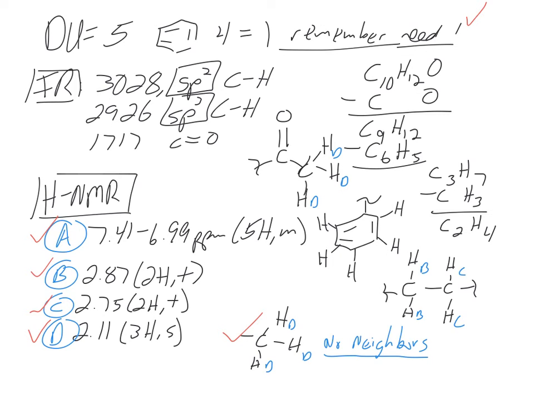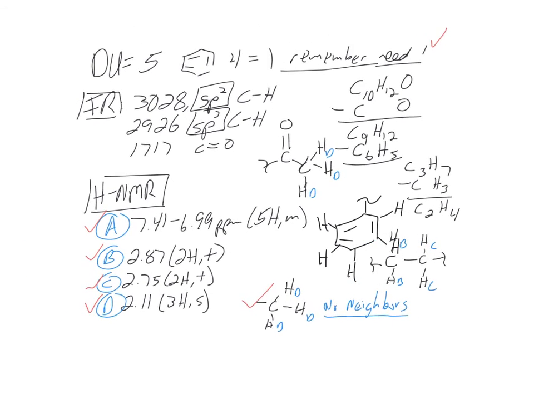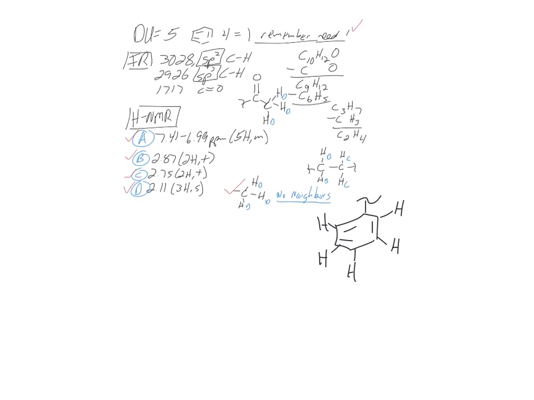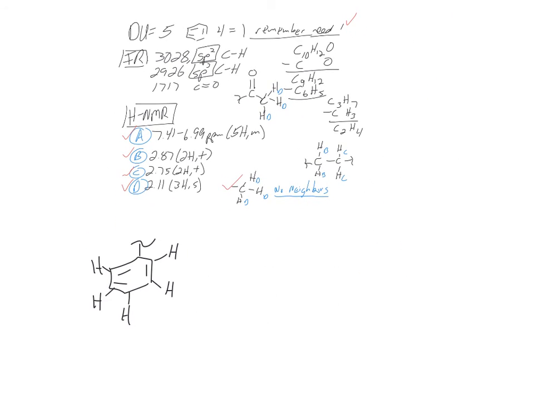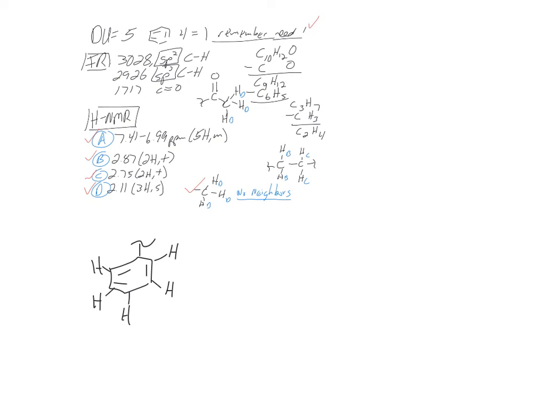So what's the final structure going to look like? The benzene ring connected to the C2H4 piece, and then that's connected to the other one. Has to be this. This will be your final structure.